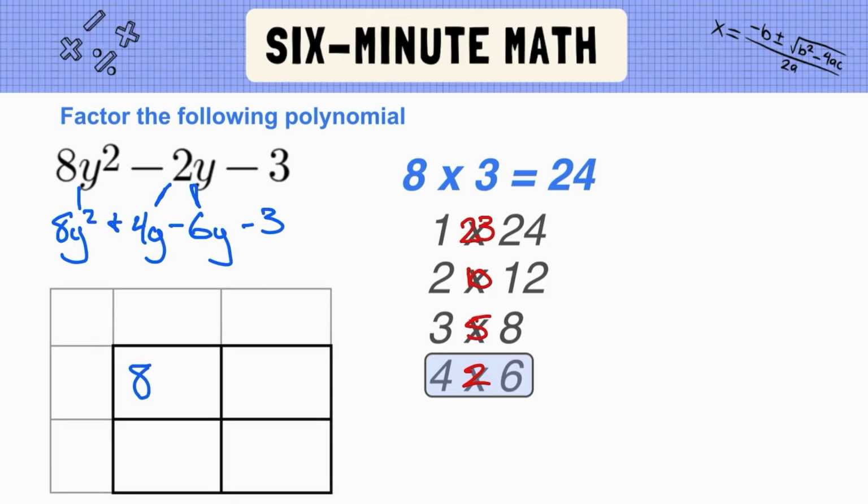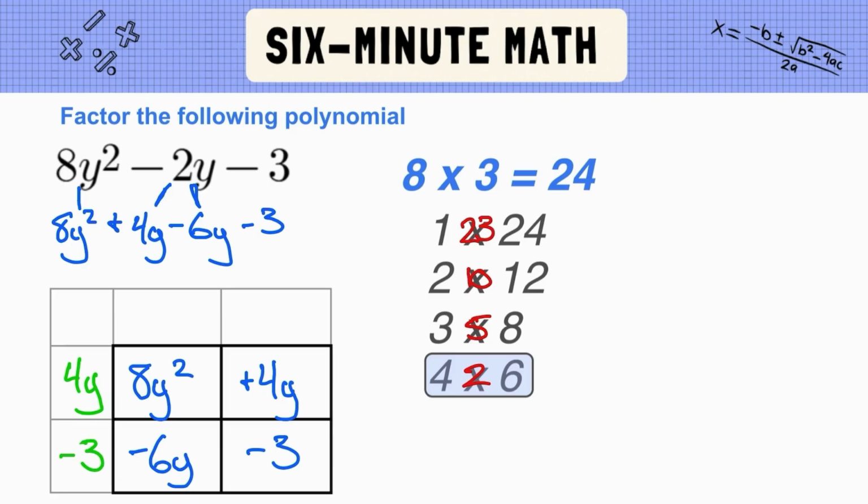Left to right, top to bottom, we have 8y squared plus 4y minus 6y minus 3. Let's factor our rows first. 8y squared and 4y factors to 4y. Negative 6y minus 3, I can take out a negative 3.